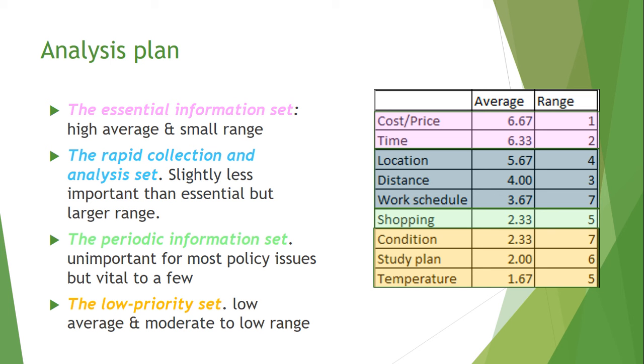So 7 minus 0 gave us a 7. The study plan was only important for the CPA exam and didn't count as anything for the vacation or buying a house. A similar condition applied for temperature. That's why you can see the range may be shown as high, but the average is low.